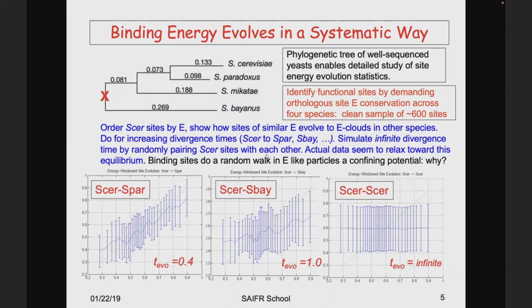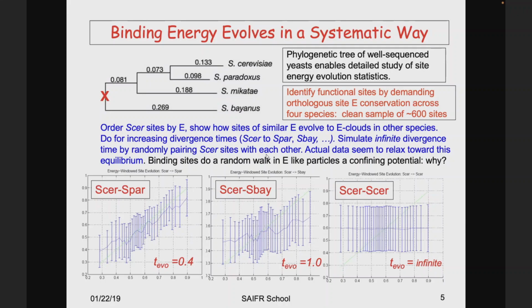And the people who do sequence analysis or genome analysis have established a phylogenetic tree. You can do that. You know all about phylogenetic trees, and there's a mutational clock that you can use to identify, roughly speaking, at what times in the past these different species must have diverged.